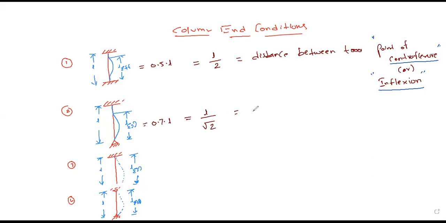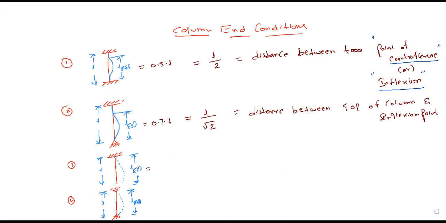So here, what is that? The distance between the top of the column and the inflection point. This is nothing but the effective length of the column which is fixed at one end and pinned at the other.